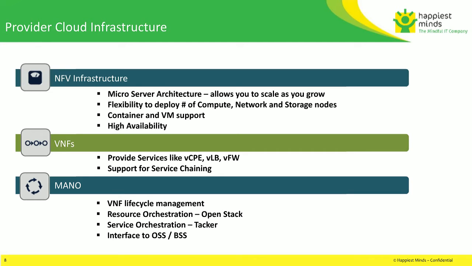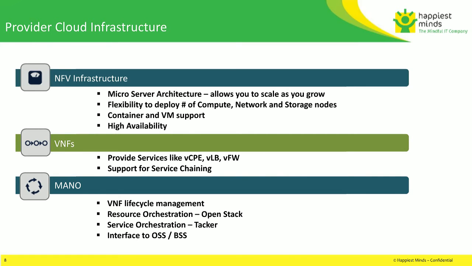Now these components are not similar to the large number of physical appliances currently deployed, and they are now based on Intel-based microserver architecture with very little footprint, also allowing the infrastructure to scale based on the demand for resources by the VNFs or the virtual network functions.